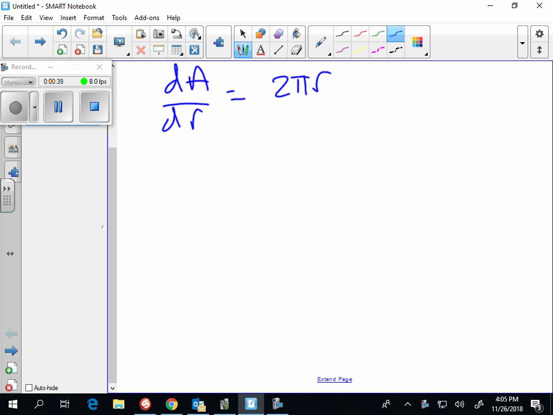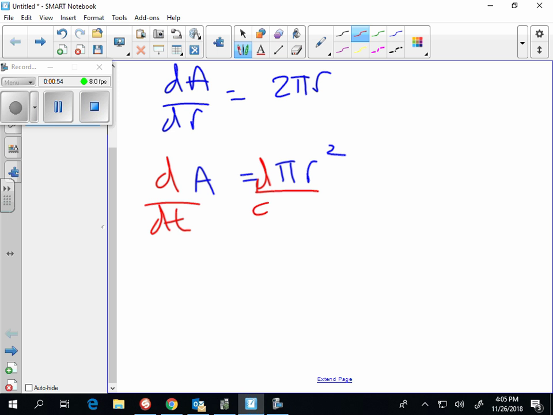We're going to be relating these things to some other variable. So I'm still going to be starting off with area equals pi r squared, but now I'm going to be taking the derivative, say, with respect to time. Not always, but often. So on the left-hand side, I'm going to have dA/dt.